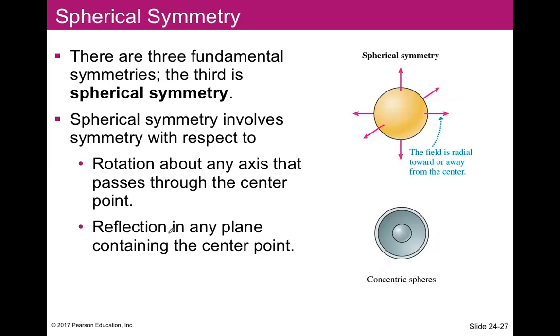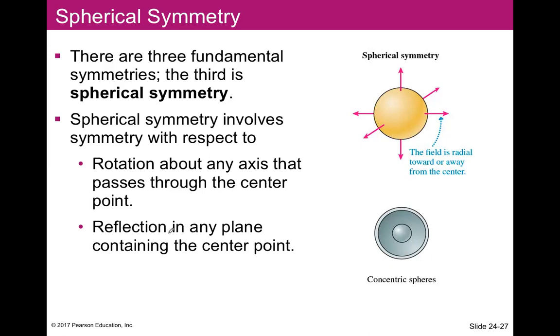For example, if you have a perfect sphere, you can choose any line as the axis, as long as this axis goes through the center of the sphere.